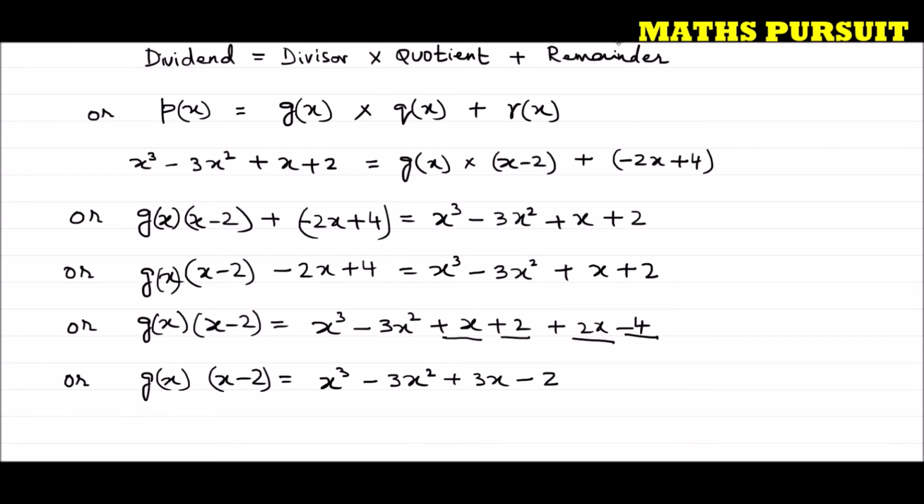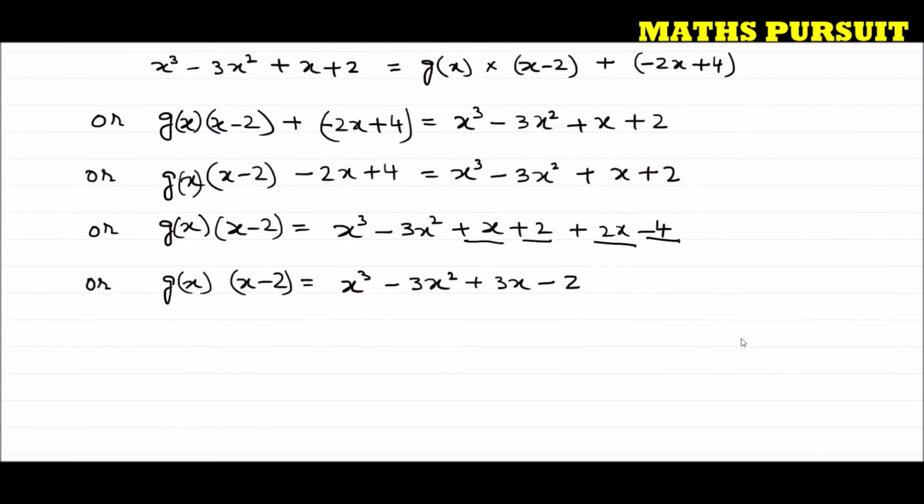Now for solving this equation I can write g(x) is equal to (x^3 - 3x^2 + 3x - 2) upon (x - 2).